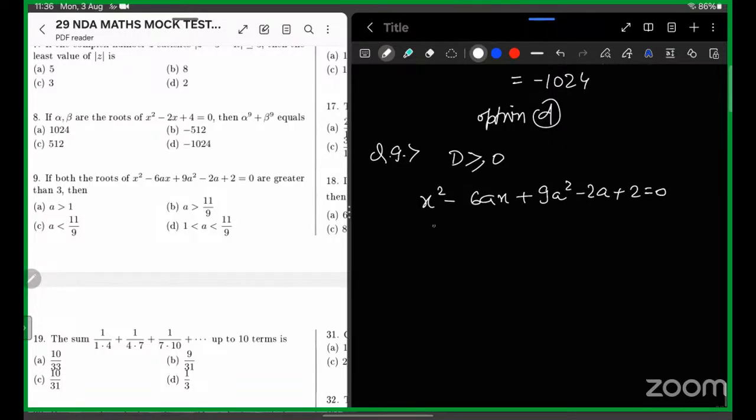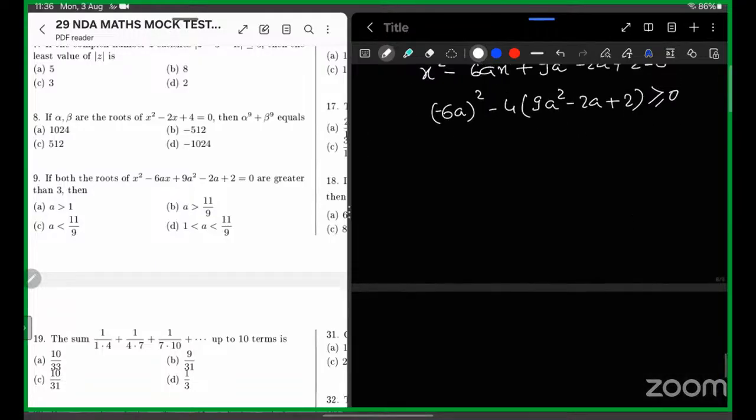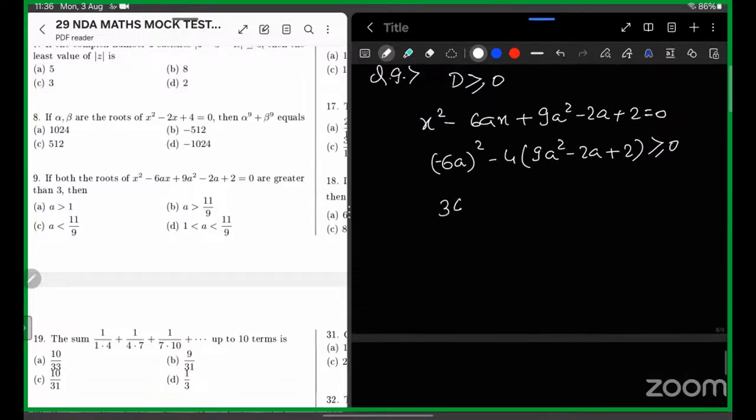So D value is what? B square, that is 6a whole square minus 4 into a into c, that is 9a square minus 2a plus 2, must be greater than equal to 0. So this is 36a square, 4 into 9, 36a square minus minus plus 8a minus 8 greater than equal to 0.